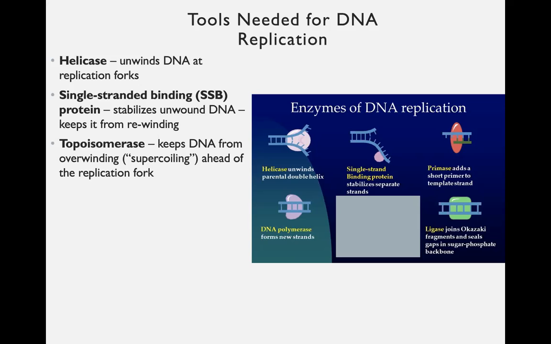So there's a lot of these involved in just getting the whole DNA double helix ready and stable. Helicase unzips it, SSB protein keeps it from rezipping, topoisomerase keeps it from supercoiling at the other end and being compacted.